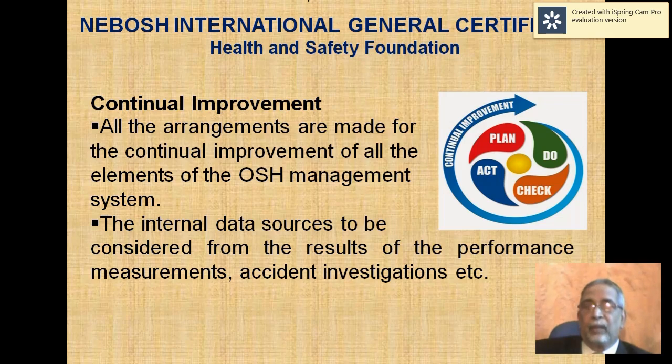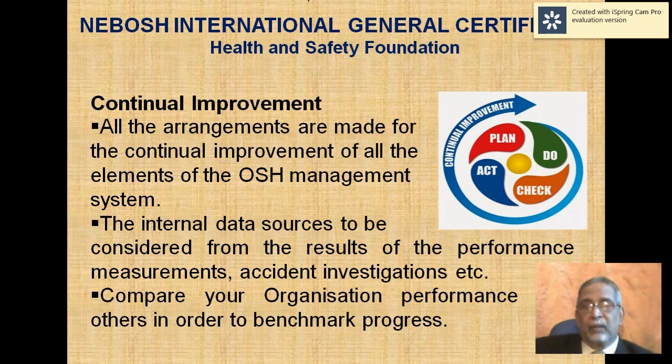So the same cycle always goes on, every time. All the arrangements are made for the continual improvement of all the elements of the OHSAS management system. The internal data sources to be considered are the results of performance measurements, accident investigations, etc. Compare your organization's performance with others in order to benchmark your process.